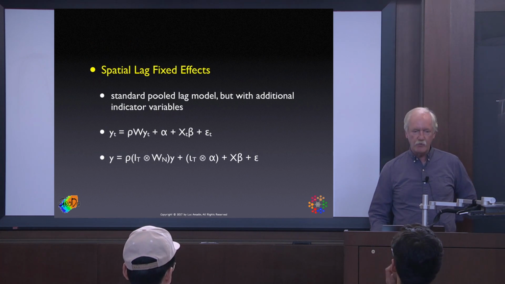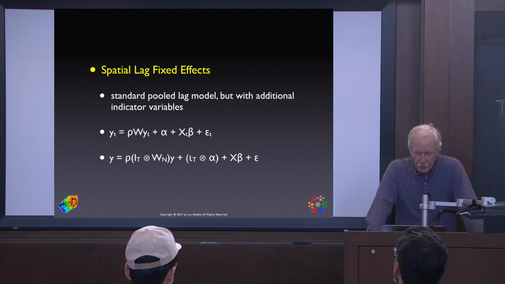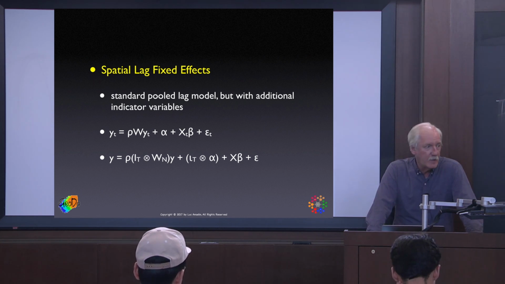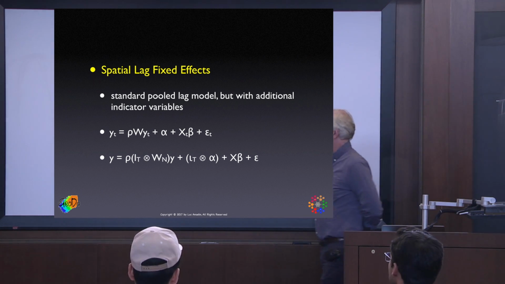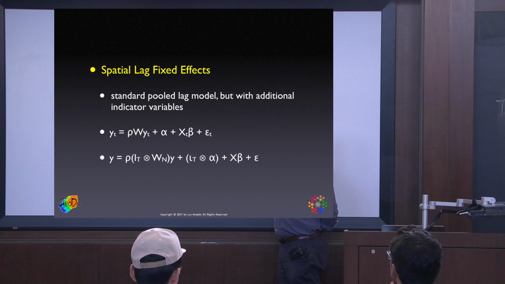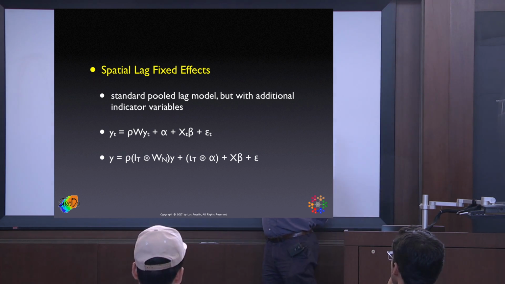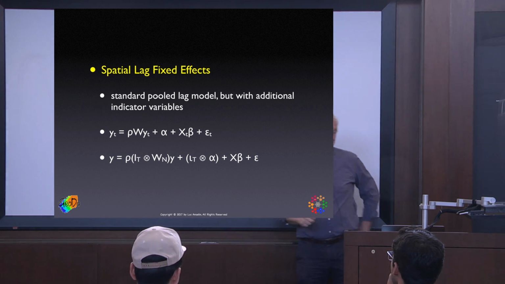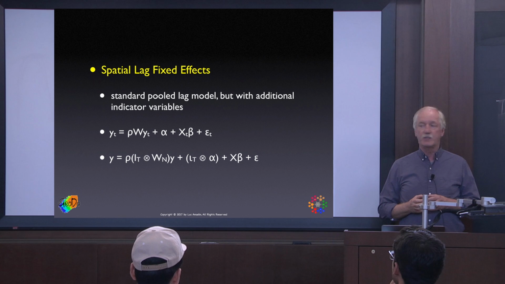So then how do we get spatial effects in these models? And we'll look at the two cases, the lag model and the error model. And this looks an awful lot like what we saw last week in the pooled case, except for this part, right? So the first part is the spatially lag dependent variable that we introduce for each time period.